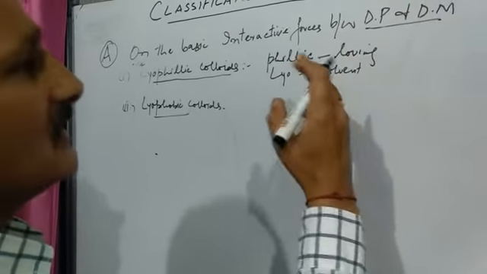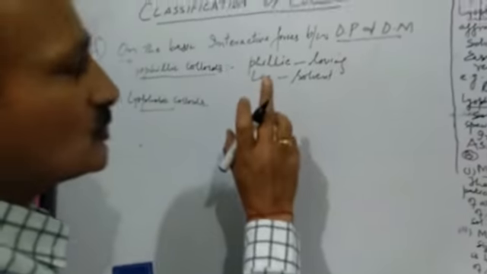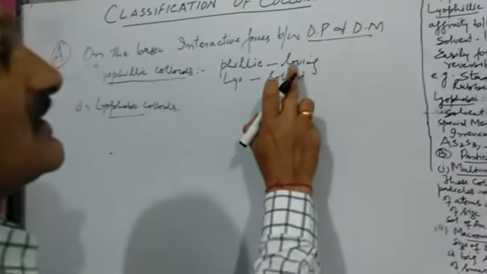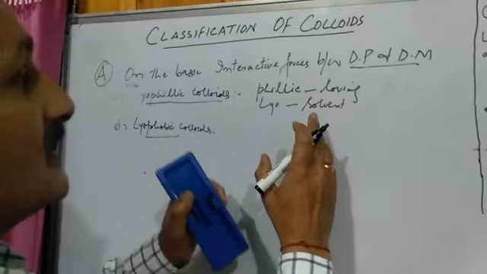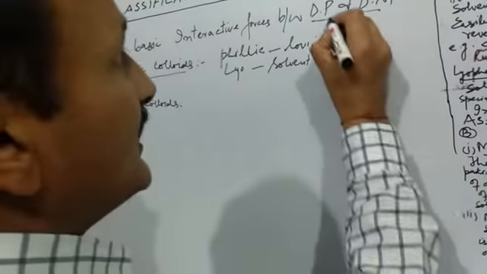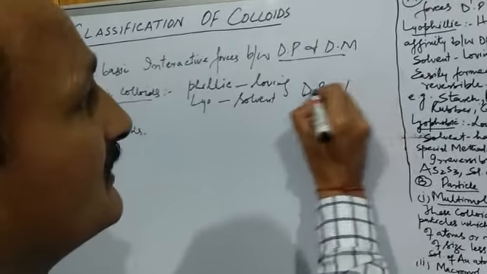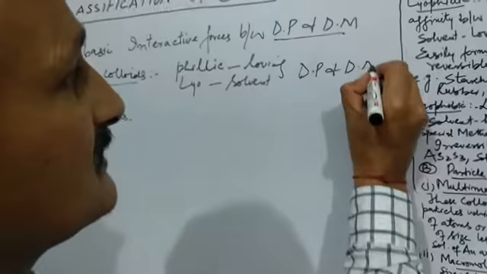In other words, we can define lyophilic colloids as those colloids in which there is higher affinity between dP and dM, between dispersed phase and dispersion medium.